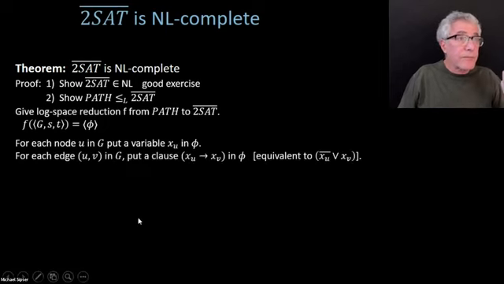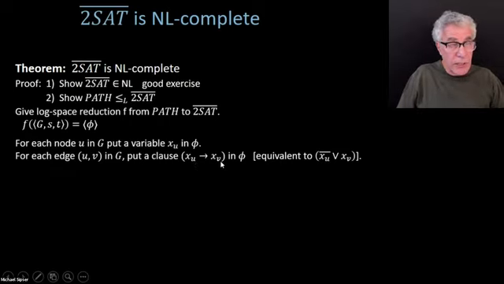So every node in G is going to have an associated variable in the formula. There's a variable for every one of the nodes. For every edge, there's going to be a clause of implication connecting those two associated nodes.